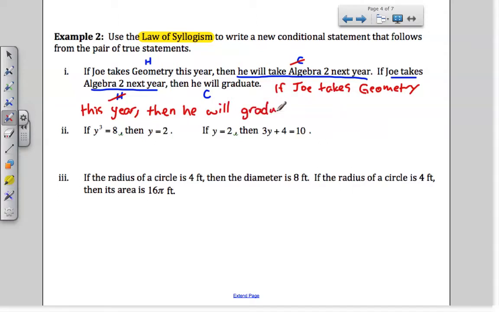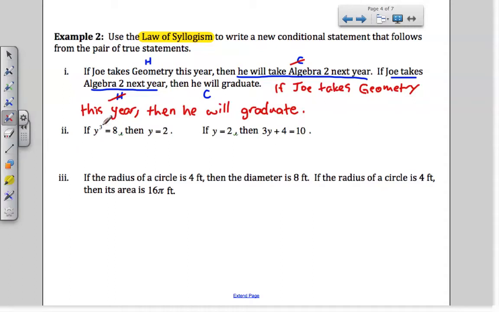I'm sort of implying that that middle step is in there. I know that if these statements are true, then this first hypothesis will lead to the last conclusion, since we had that repeated statement in there. Law of syllogism.